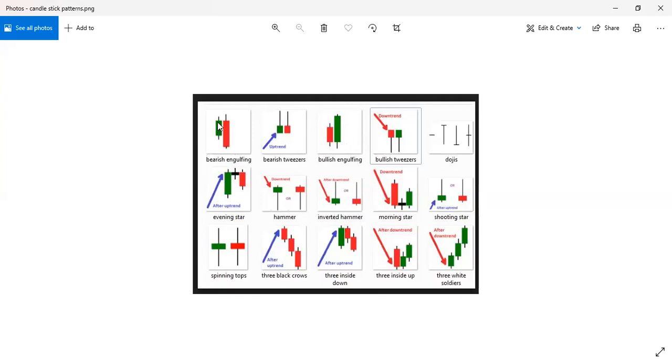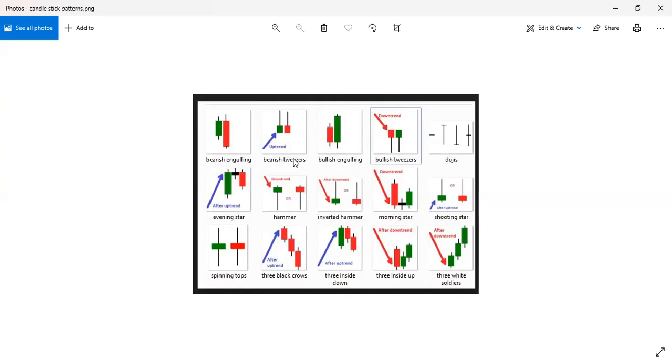When you have a small green candle or white candle followed by a big black candle or red candle, and it comes down, it is called the bearish engulfing. So here you have a small red candle followed by a big green candle. This denotes that the market is going upward. So it is an uptrend market. So this is called bullish engulfing.